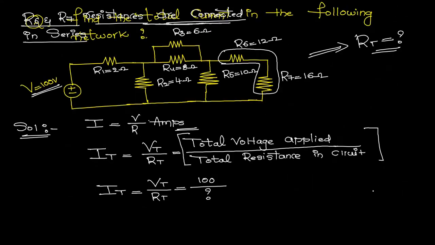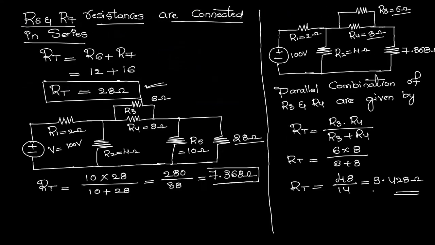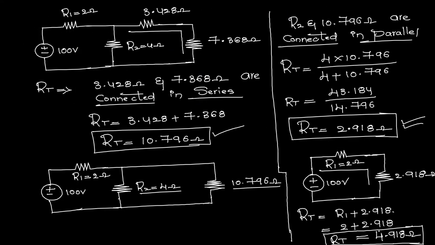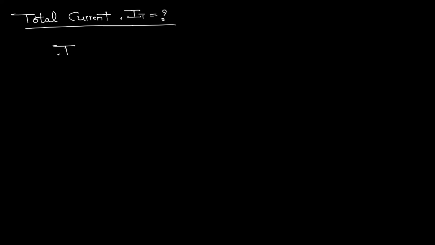Okay, now finally you got the value of total resistance in the given problem. So in this given circuit, we are having the total resistance as 4.918. Now after getting this value, go for the calculation of total current. Our question is to find the total current in the given network. So here, total current IT is equal to VT divided by total resistance RT, that is 100 volts we are applying, RT is 4.918 ohms.